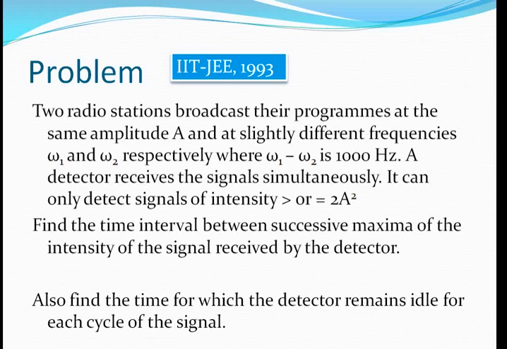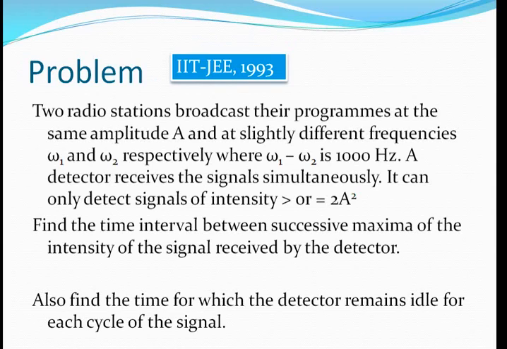A detector receives the signals simultaneously. It can only detect signals of intensity greater than or equal to 2A square. Find the time interval between successive maxima of the intensity of the signal received by the detector. Also find the time for which the detector remains idle for each cycle of the signal.